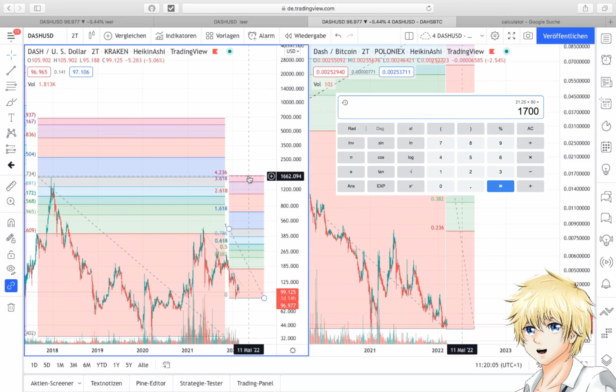So no matter how we look at the whole thing, this is a realistic target here, $1,700, which is at 20x. Okay, so that's what I'm looking forward to for Dash to do.